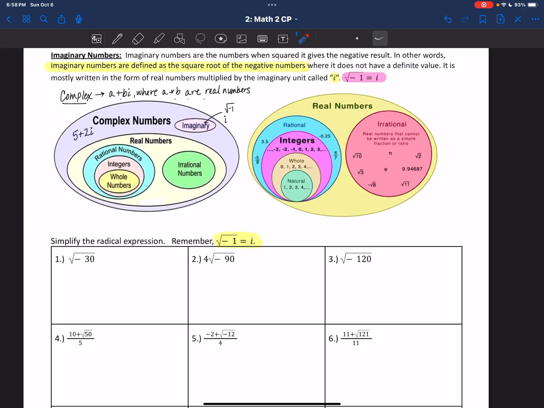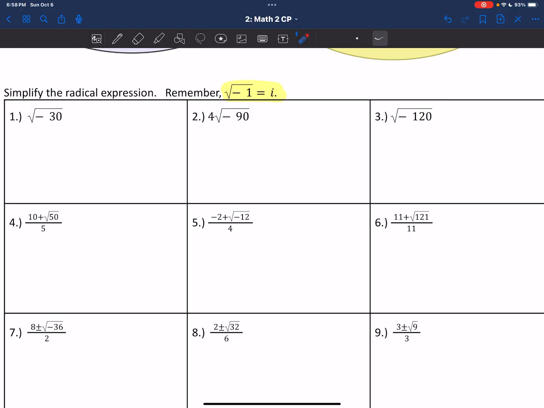All right, so let's go ahead and get started. What we're going to do is simplify the radical expression, but remember, the square root of -1 equals i. So we do the same thing we did before, where you're going to factor. This is -1 times 30.